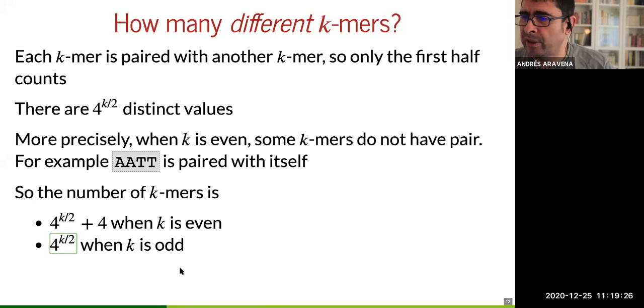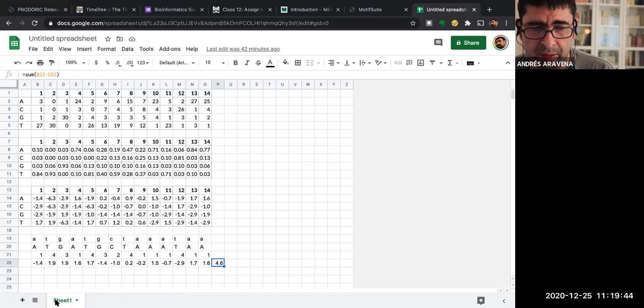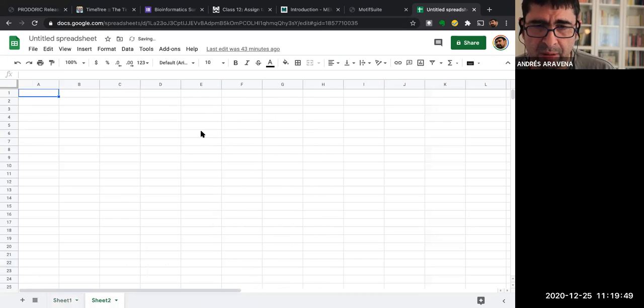So you can, of course, I will not do it now, but you can put in Excel k equal 1, 2, 3, 4 and see. Well, maybe we can do it. Do we have the Excel still here? So what we say here, k, and then n, or whatever.